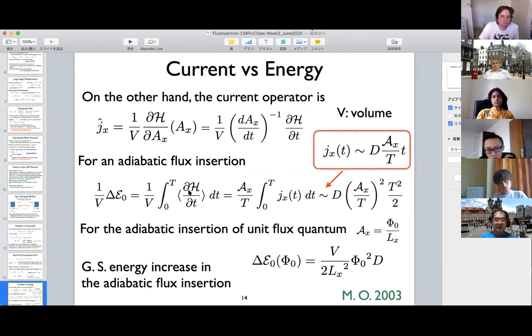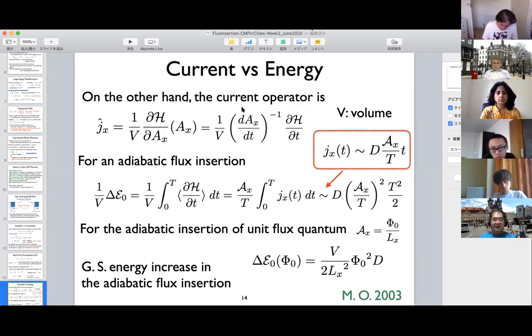So you just integrate the derivative of the Hamiltonian by time, because the Hamiltonian is energy, and integrate this dH/dt from t equals 0 to t equal to capital T. Then you get the energy difference between the final state and the initial state. And this energy difference is not affected by large gauge transformation.